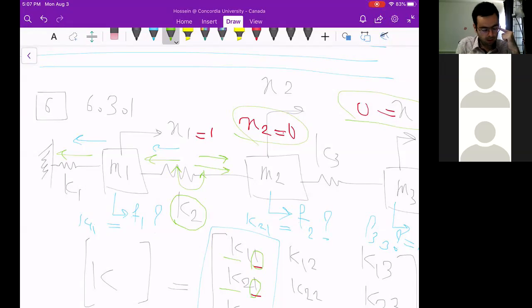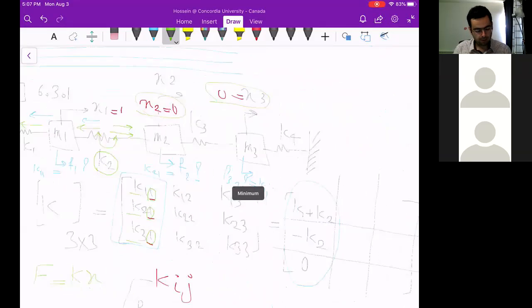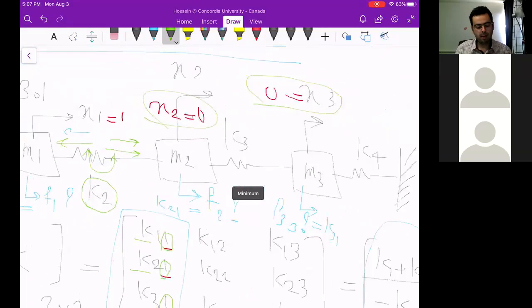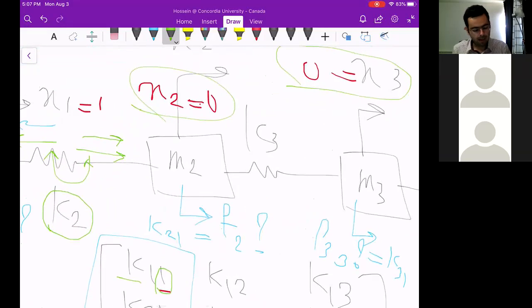So no matter in what direction you displace the mass 1, to the left or to the right, there should be a reaction force on the mass 2 in order to make sure X2 is 0. And the only connection between the mass 1 and mass 2 is the stiffness K2. That's why I wrote minus K2 as the reaction force applied to the mass 2 in order to make sure the displacements at mass 2 and mass 3 are 0.